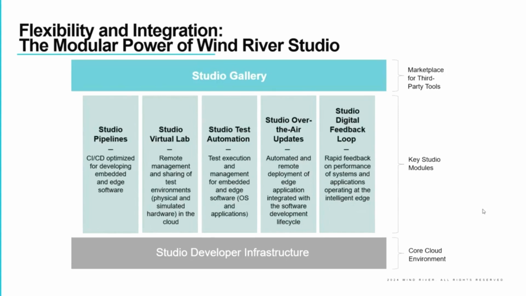We also have Over-the-Air Update to manage multi-tier update campaigns for over-the-air deployment to fielded devices. And Digital Feedback Loop establishes reliable connectivity between edge and cloud systems for real-time data collection, analytics, and response.